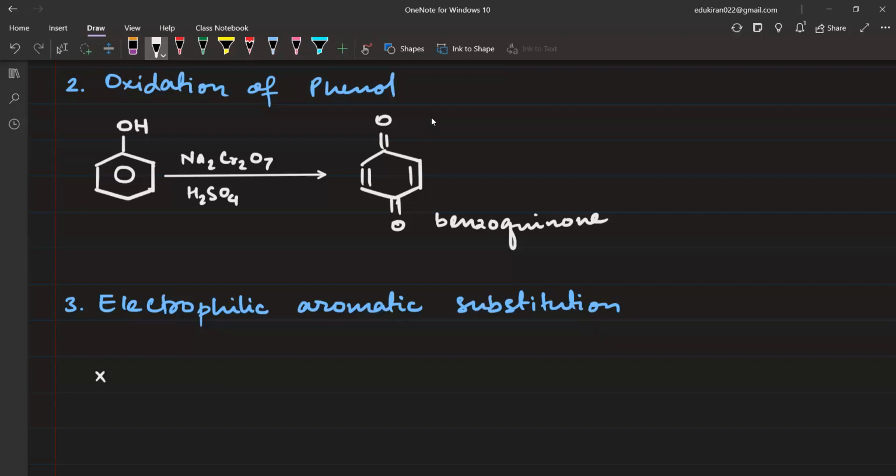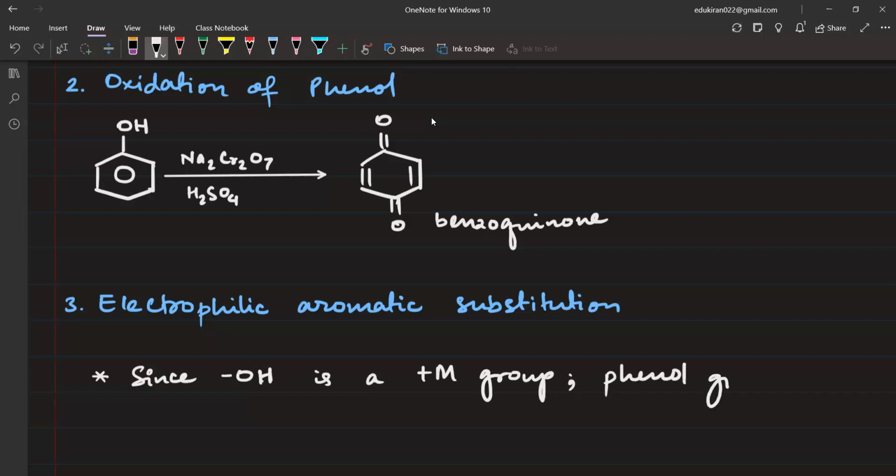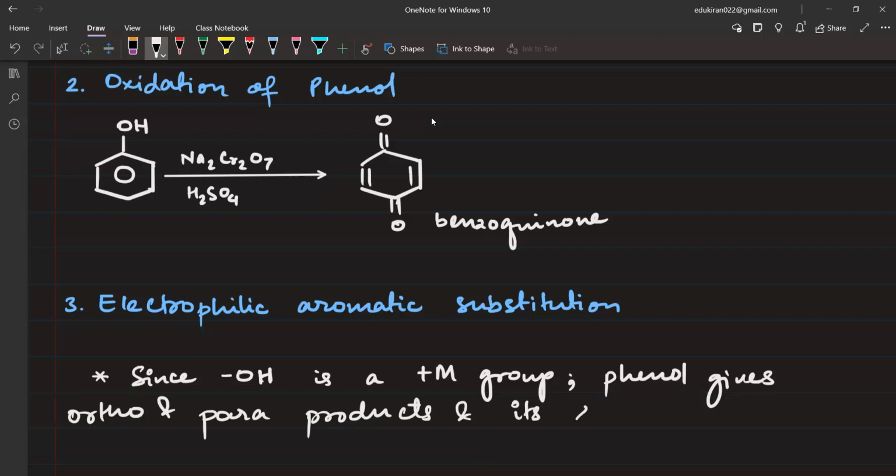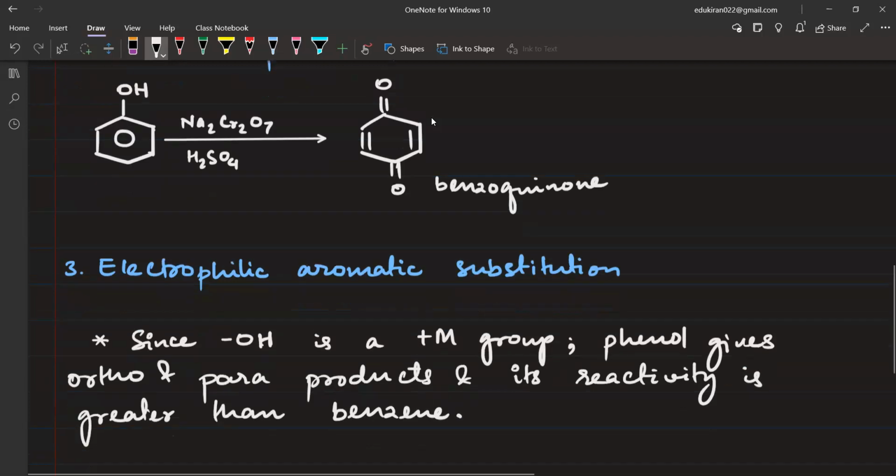Please write here, since the OH, that means the hydroxy group, is a plus M group, phenol gives ortho and para products, and its reactivity is greater than benzene.